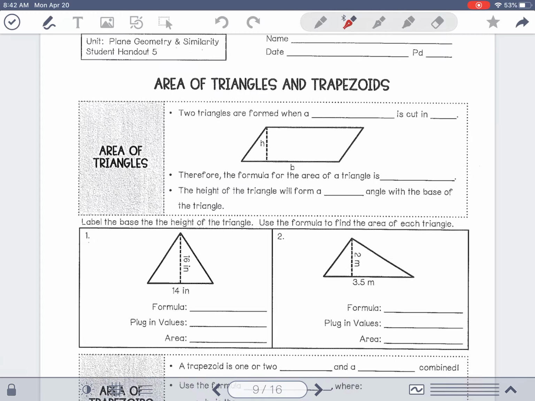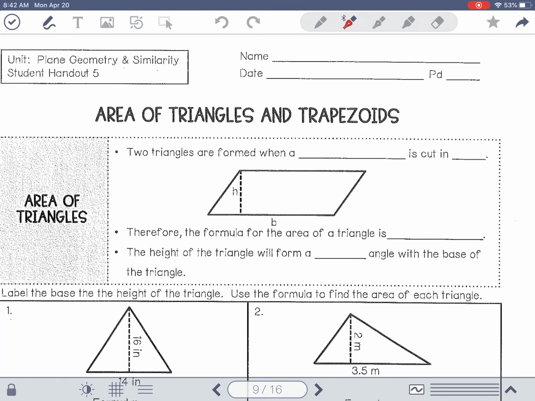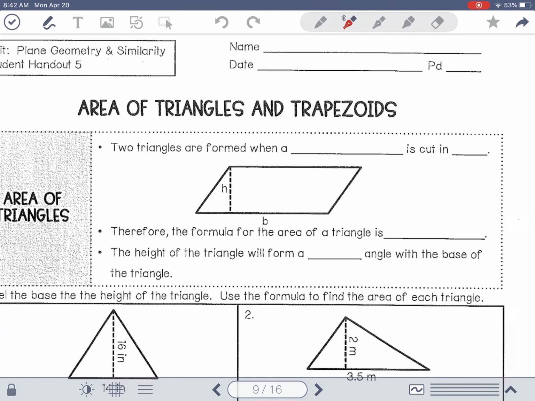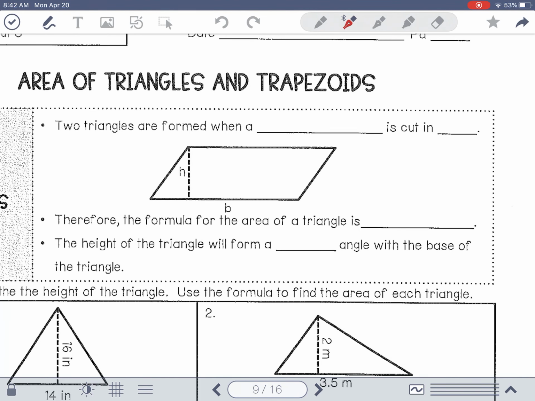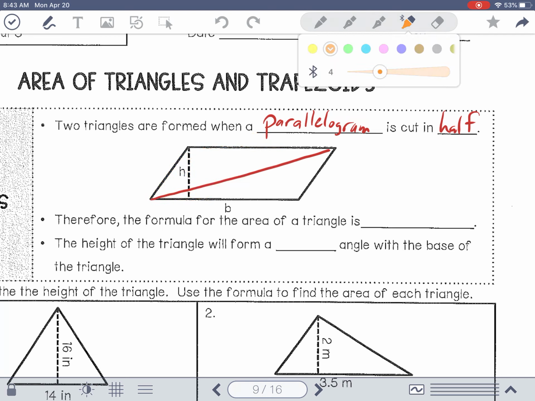As we look at the area of a triangle, two triangles will form when a parallelogram is cut in half. If I cut this parallelogram in half, you can see that I've got two triangles.